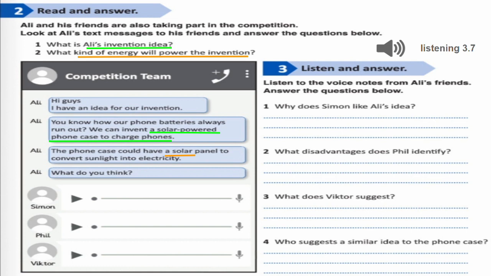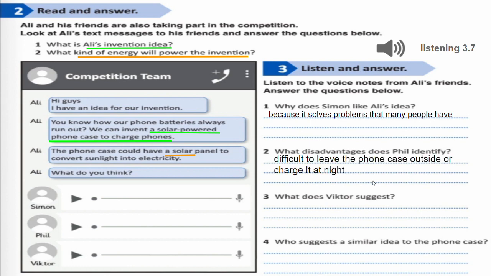Good. So let's check your answers. Why does Simon like Ali's idea? Because it solves problems that many people have. Question 2. What disadvantages does Phil identify?